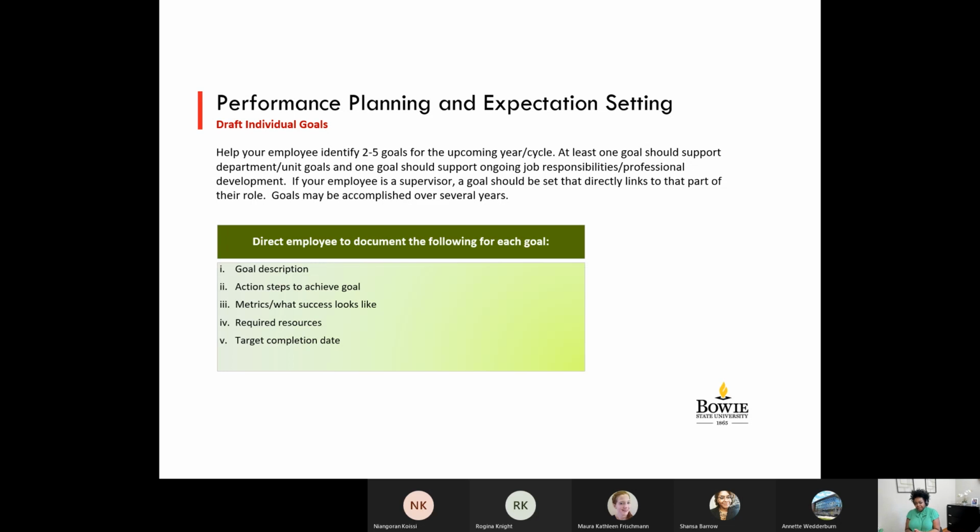So performance planning and then having that expectation setting is important, helping them to identify 2 to 5 goals for the upcoming year or the upcoming cycle, again, which starts May 1st. And at least one goal should be a departmental goal. So if you have 2 to 5 goals that you're having your team members focus on, at least one of those goals should support the department as a whole in the unit.